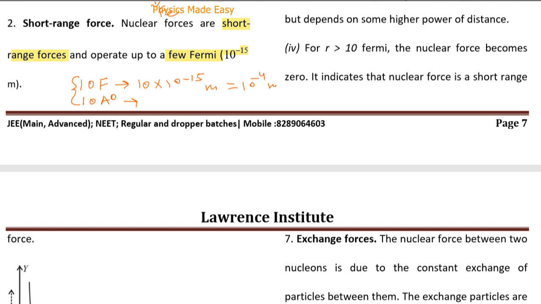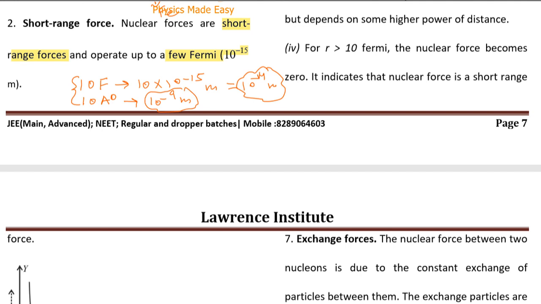Electrostatic forces are long range forces. If I put this, it will come out to be 10 raised to power minus 9 meter. So this is the case of nuclear forces: 10 raised to power minus 14, and this is 10 raised to power minus 9.